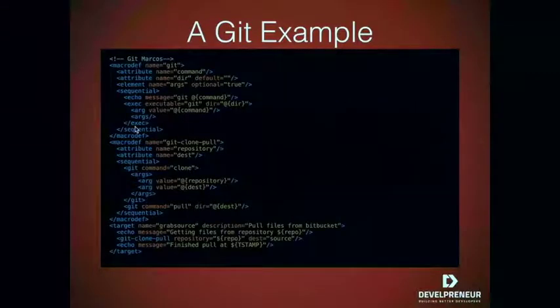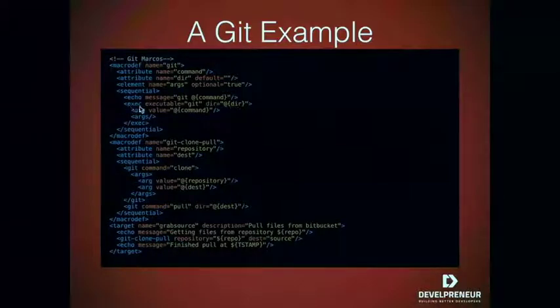Excellent. Moving along, we're going to get to Git. This is anything that you want to extend, and one of the things that allows you to do is create macros. We actually created 2 macros. I'll start with this one.